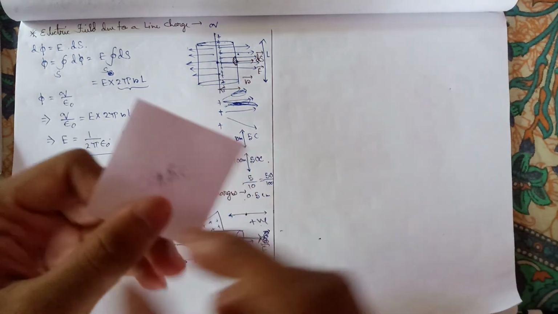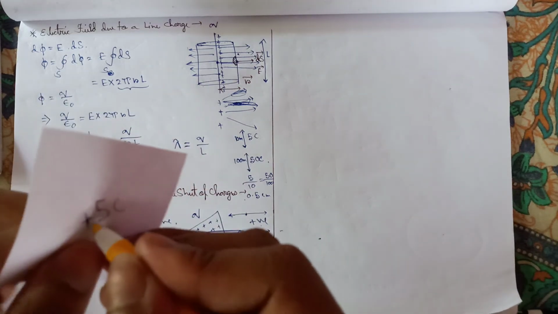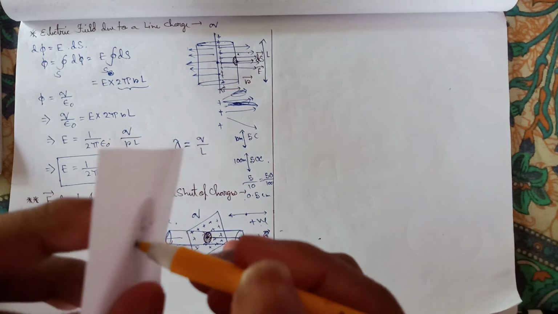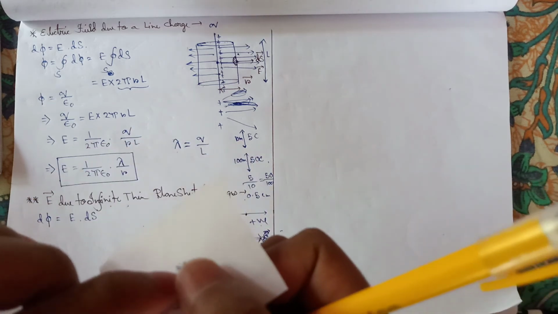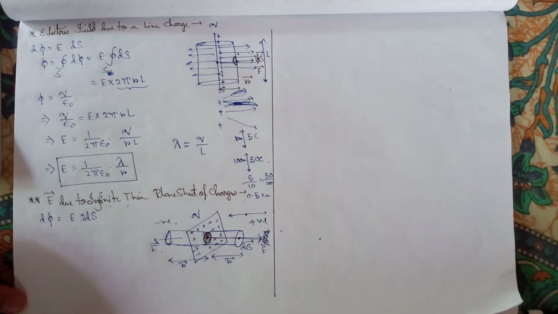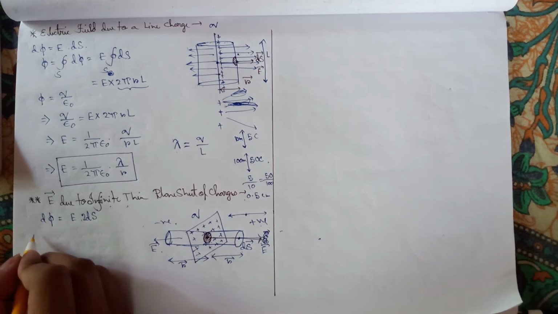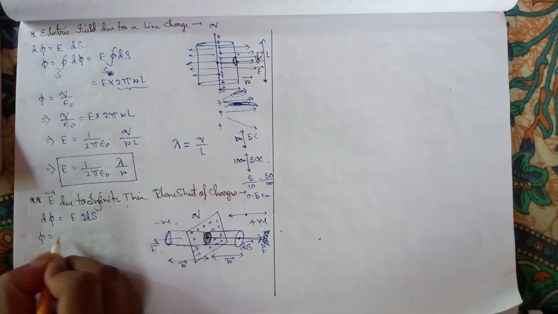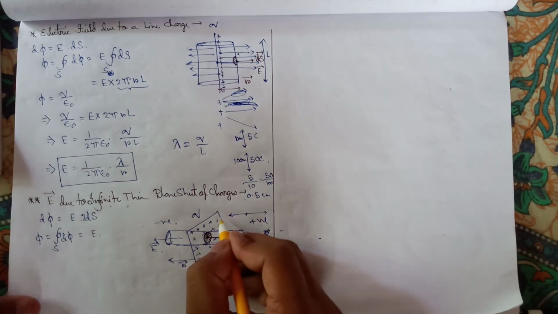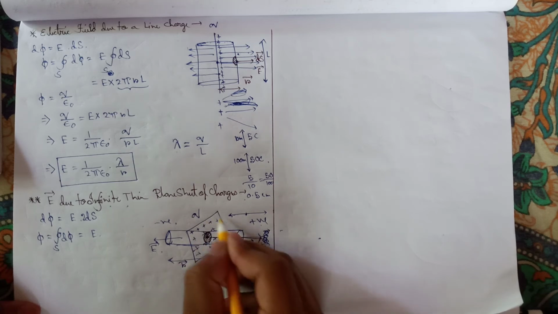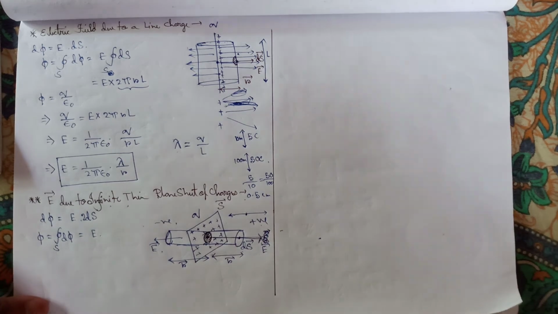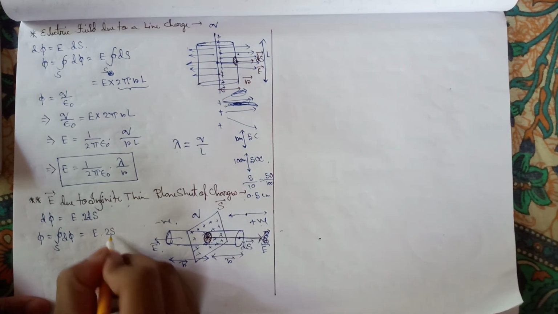If we take this point here, it will include both the right side area and the left side area. So we will take 2 areas here. So the total will be phi equal to E times the integral of ds. Let's say the total area is S; we have already taken the total surface area as S, so the total area is 2S.